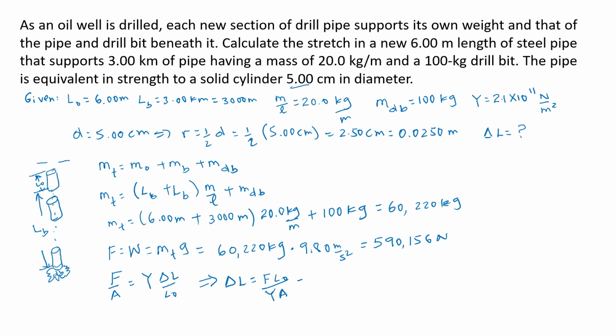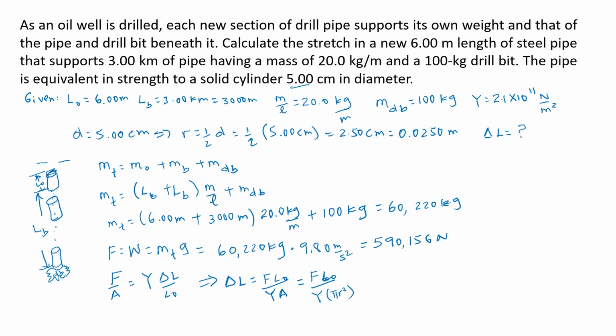Now let's plug in the numbers. Alright, before we do that, let's deal with area also. So F L naught divided by Y multiplied by pi r squared. Remember, this is like a solid cylinder.